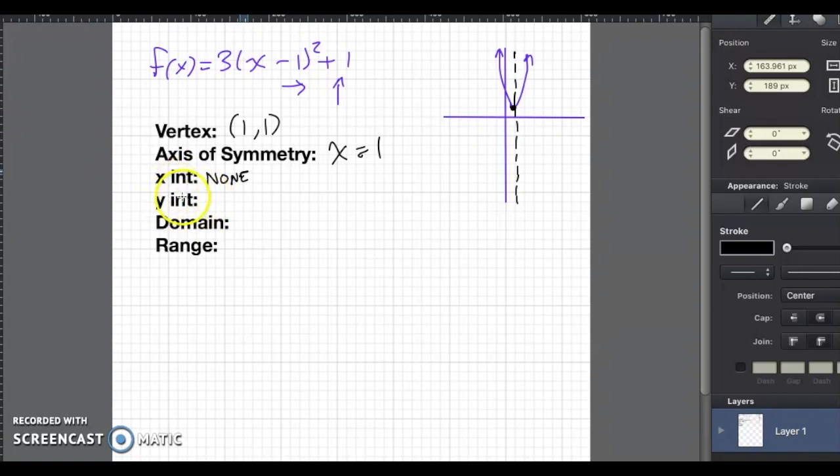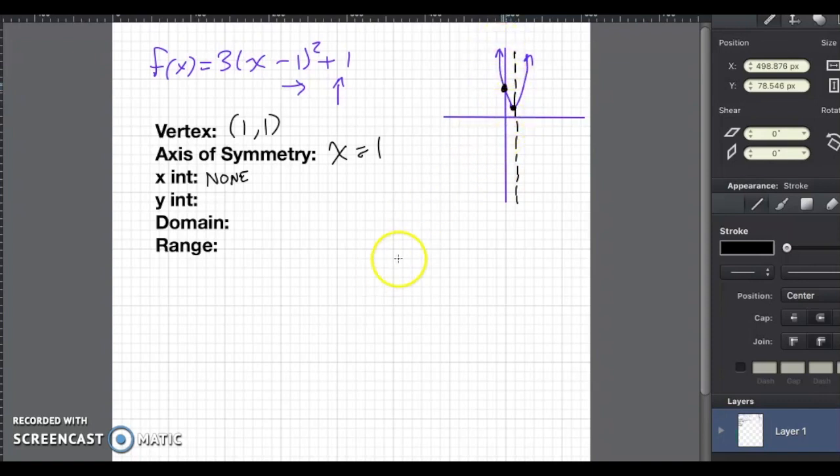So next we're going to talk about the y-intercepts, right? So the y-intercept is going to be right there. Okay, and we may or may not know how to find this, but let me show you how, just in case we forgot. For the y-intercept, I want x to be 0, right? Anywhere along this line, the value of x is going to be 0.